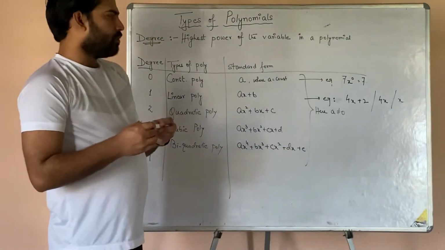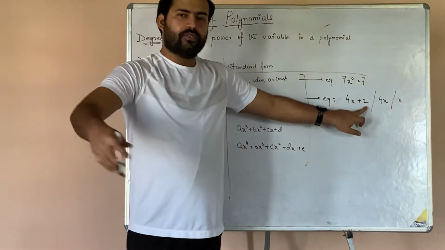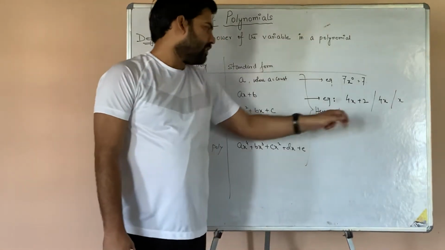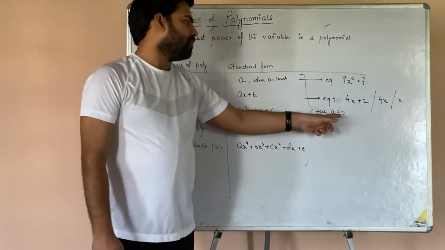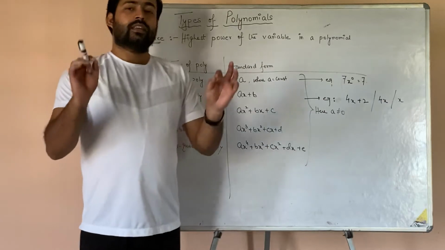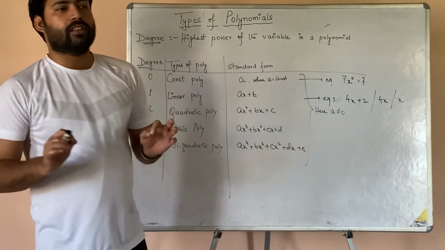You need to understand one thing, that the constant part may vanish from the polynomial. It doesn't matter. What matters is that a should not be equal to 0. That means the coefficient of x, the term which is defining the degree of the polynomial.